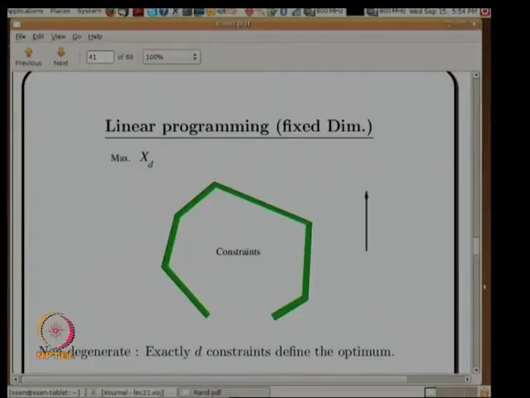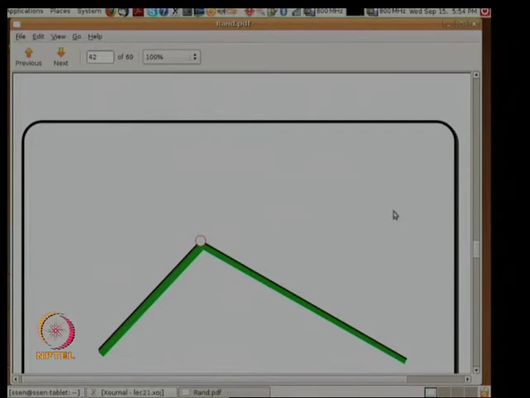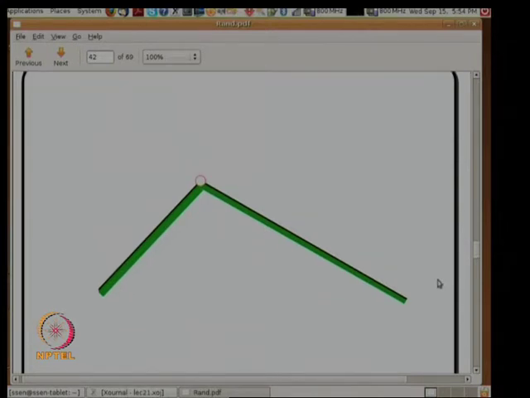Okay. So, this is the first vertex that I computed from the two arbitrary constraints. Sir, if we take points on the two lines, neighboring points, it will be a local maxima in the neighborhood. And in linear programming, the local maxima will be global maxima. I am not sure what you mean here.